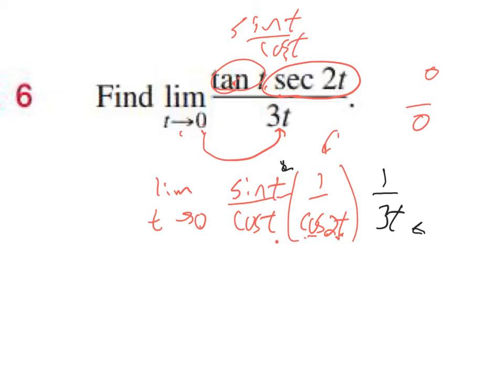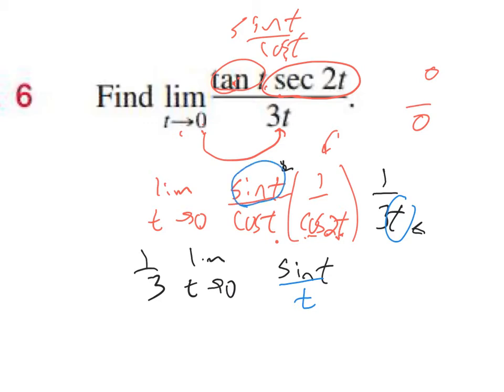If I pull the 1/3 out, because it's just a constant, and I'm doing the limit as t goes to 0, I have my sine of t times 1, which is sine of t. And since I pulled out the 1/3, I still have this t right here that can go under here. So I've taken care of this part.